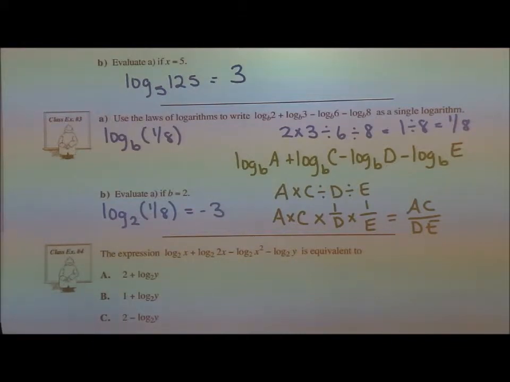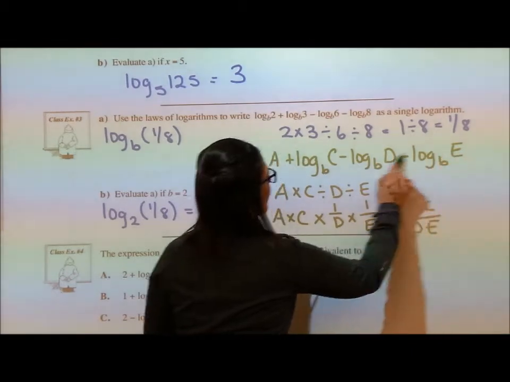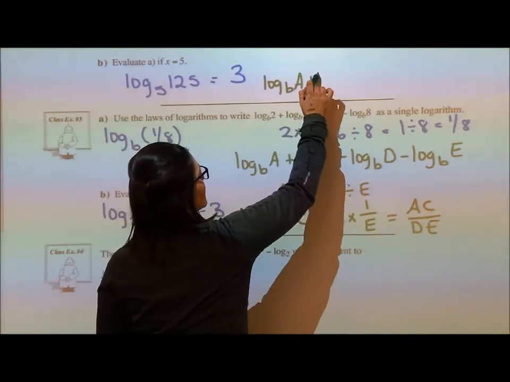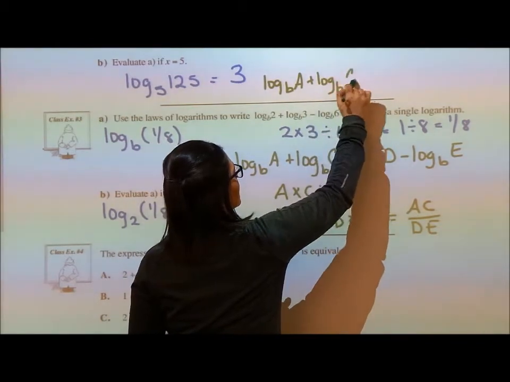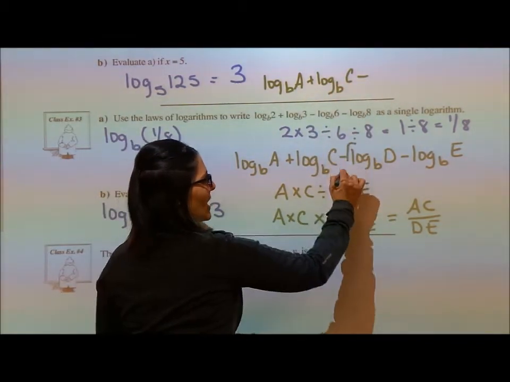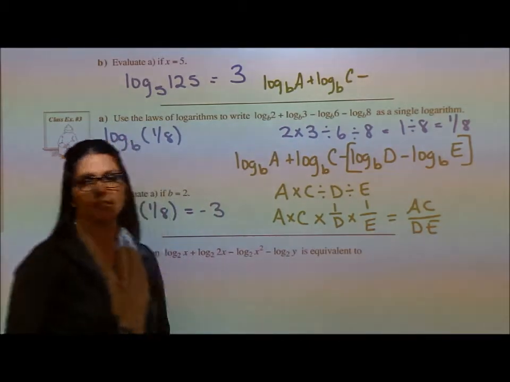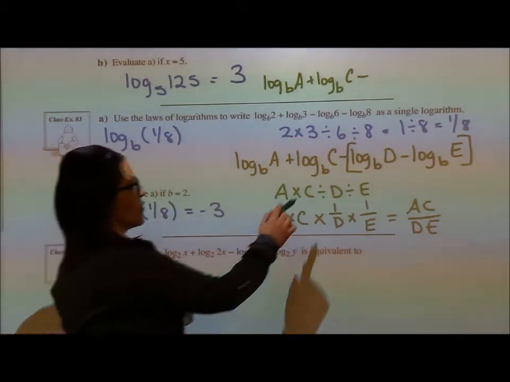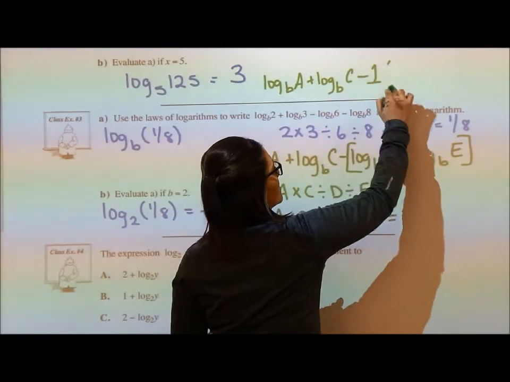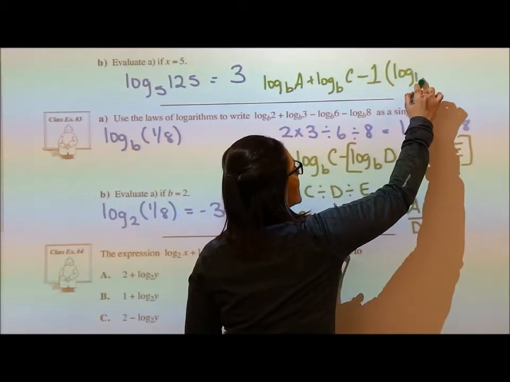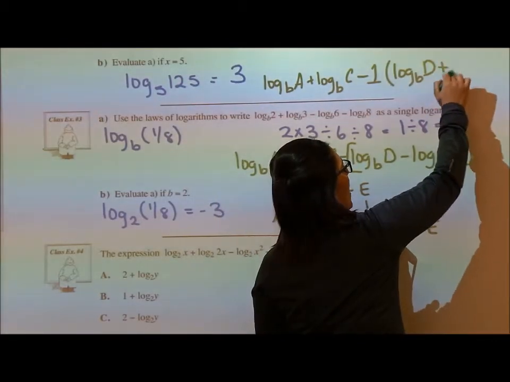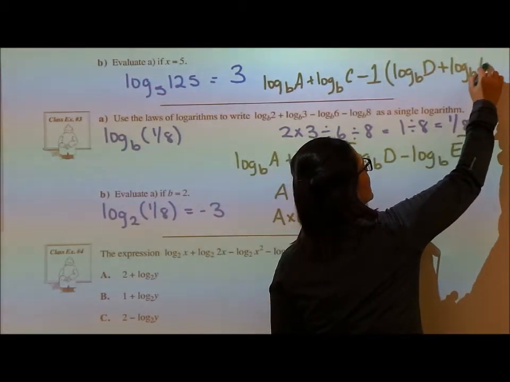The other way that I can look at this is right in this step. I can rewrite this right here. I can isolate that out. So in isolating it out, it's like removing a negative 1, which leaves me with a positive log base d and a positive log e.